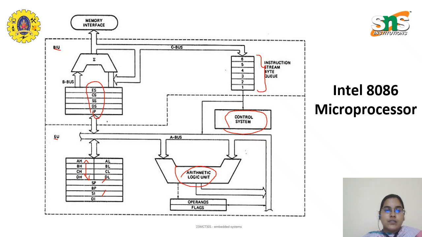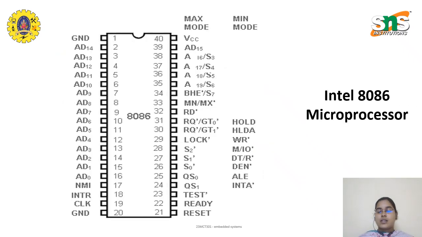Coming to the 8086, the whole architecture is inbuilt in a single chip, and the single chip configuration is also discussed here. You can see the input output pins. As we discussed earlier, we have the 20-bit address data bus. Starting from the ground, it is given to the 20th pin and VCC to the 40th pin.